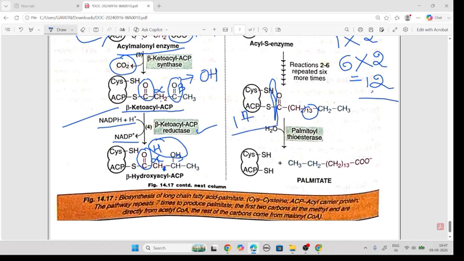So your entire fatty acid palmitate is separated from the FAS complex. Now see, CH3, CH2, this entire C double bond O is there. One more oxygen will be provided by the addition of our water molecule, so that we are getting our palmitate as a fatty acid.